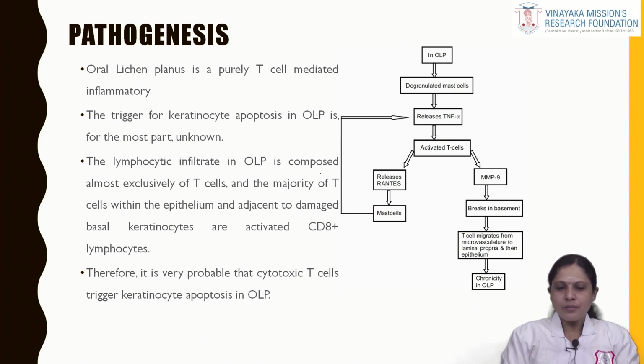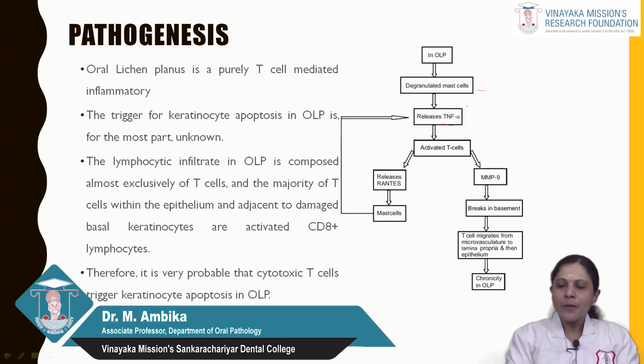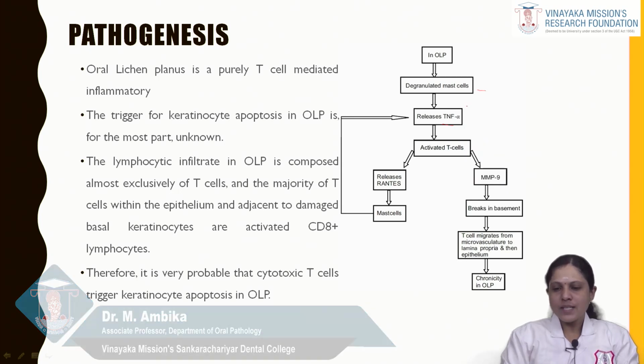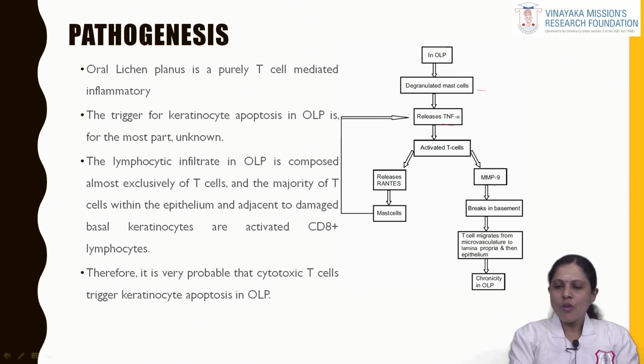The lymphocyte infiltrate in oral lichen planus is composed exclusively of T cells, and how these activated T cells like CD8 killer T cells are targeted against a keratinocyte which leads to its apoptosis is unknown, but a postulated hypothesis is that degenerated mast cells release tumor necrosis factor alpha, which leads to activation of T cells, which leads to activation of matrix metalloproteinase 9, which in turn leads to break in the basement membrane.